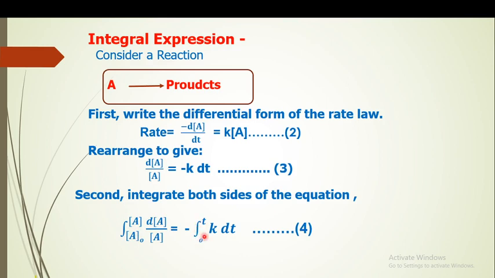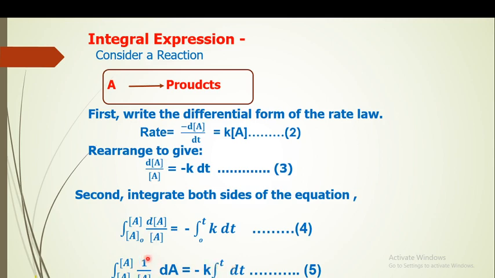So integration from 0 to t, K into dt, and this K is the rate constant, which is a constant and taken outside. So integration of A0 to A, 1 upon A into dA, equals minus K into integration from 0 to t of dt.